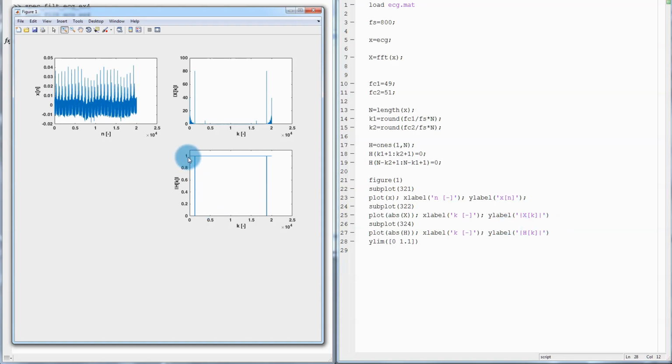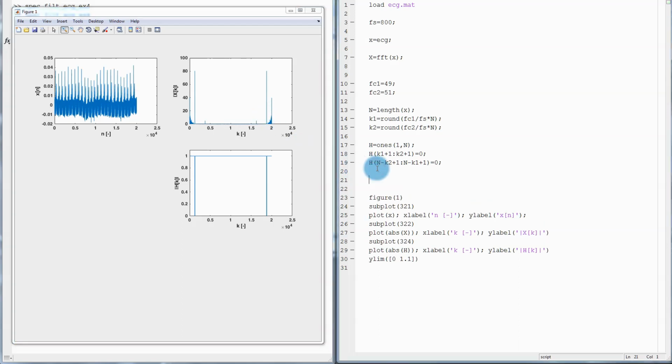So you can see that the frequency characteristic is 1 almost everywhere except this narrow frequency band, which is centered around frequency which should correspond to 50 Hz. And you can see that this dip is nicely lined up with this spike in the frequency created by the power noise interference. And you have it for the left side of the spectrum and symmetrically for the right side of the spectrum. Now that I have my frequency response generated, I can apply it to my signal.